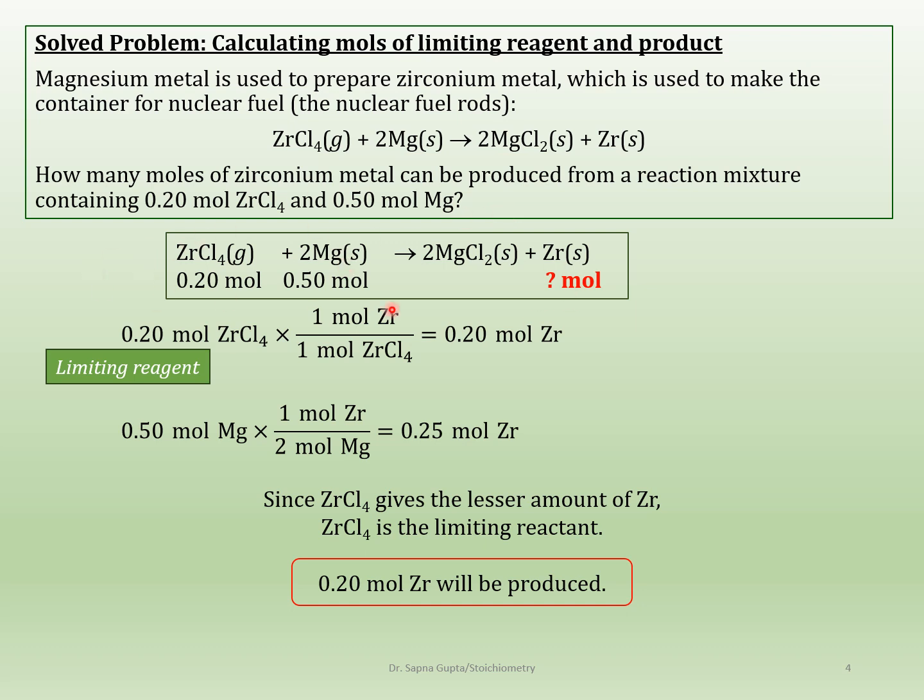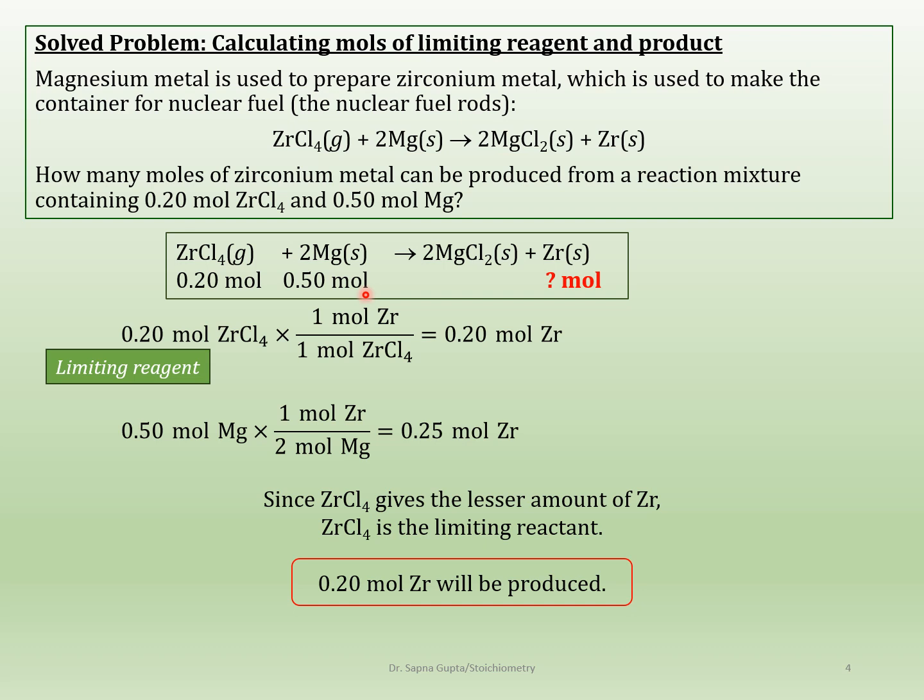Here is the reaction again, and you know me, I write the reaction out and write the quantities underneath it. Zirconium chloride we have 0.20 moles, and magnesium is 0.50 moles. Then we are trying to figure out how much zirconium we are going to form. Since the quantities are in moles, we don't have to worry about calculating any masses. Also, the answer is going to be in moles, so we don't even need the mass of zirconium. So we are fine with just working with moles.